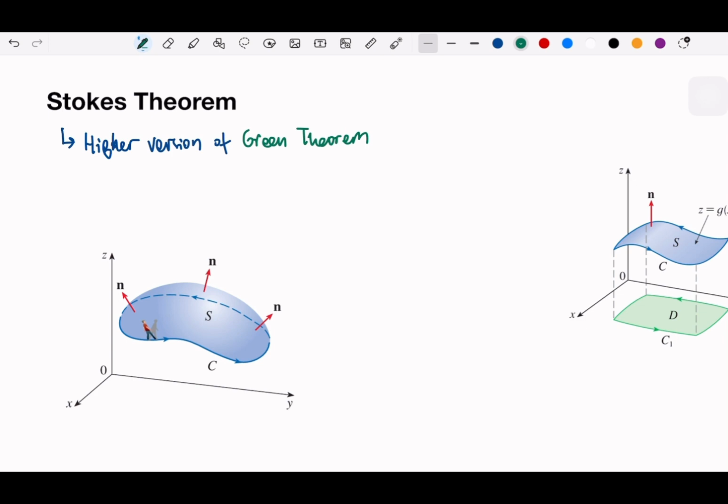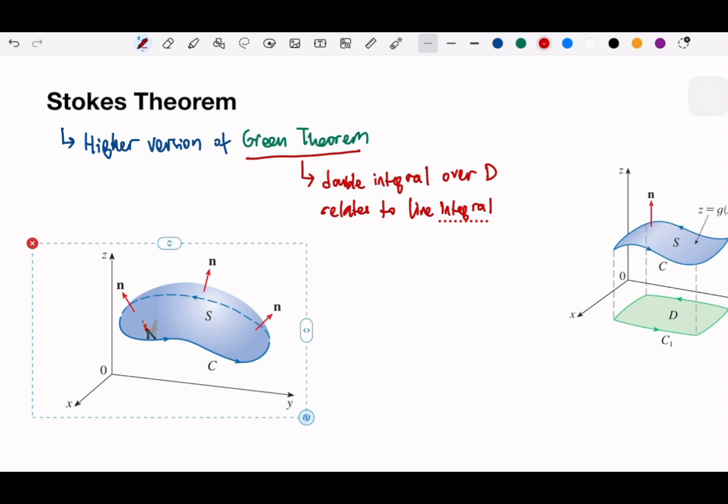In Green theorem, we relate the double integral over D to a line integral on the plane boundary curve.